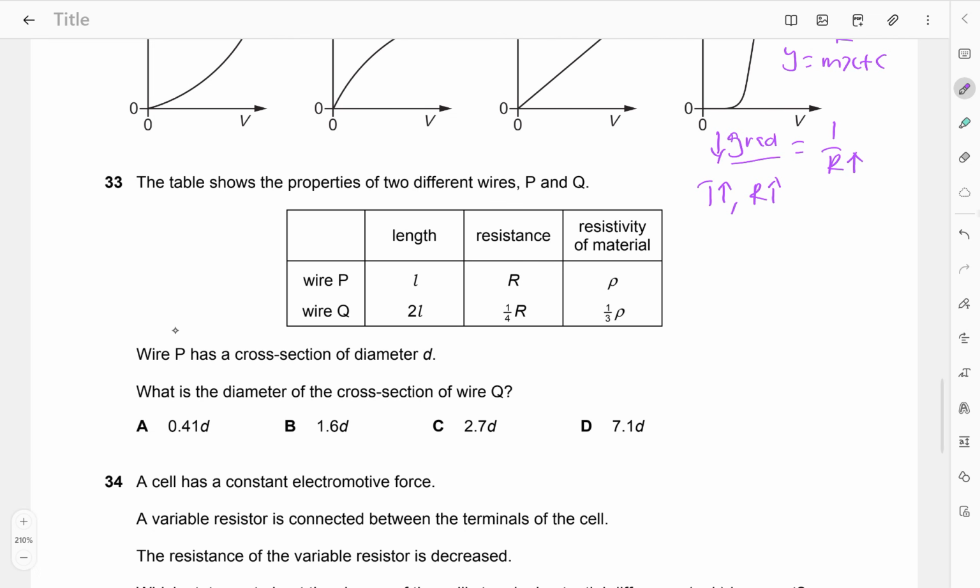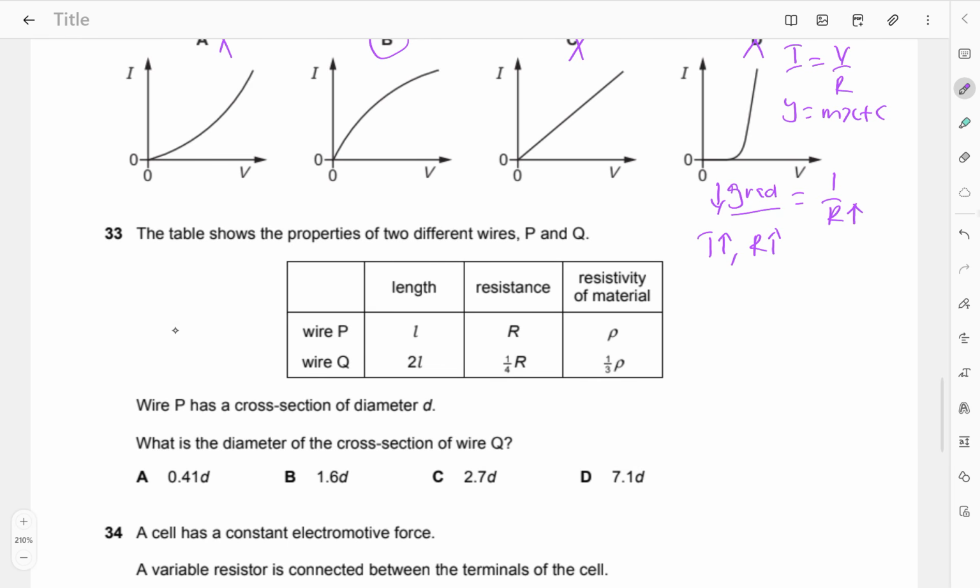The table shows the properties of two different wires P and Q. Wire P has cross-section of diameter d. So let me start with wire P. We know that resistance is equal to rho L over area, and area is equal to pi r squared, which is pi d squared over 4.